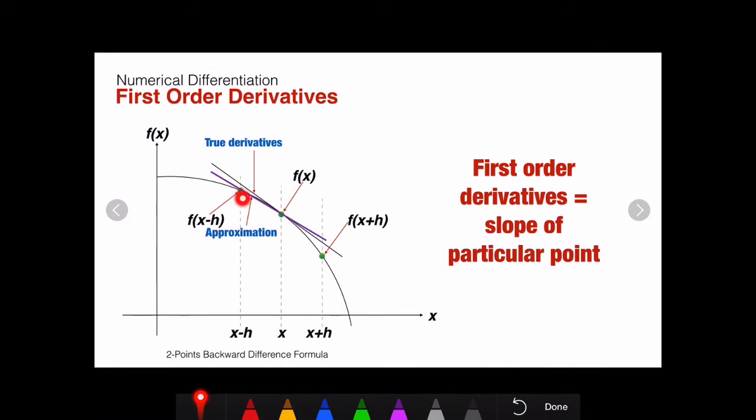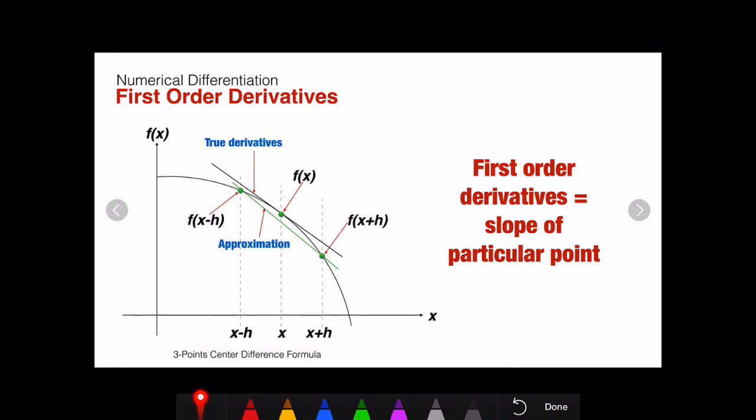We are using this one and this one, x minus h and x here, so it's the backward. We draw the line using these 2 points, and it's still not a very good approximation. It doesn't look parallel to the true derivative, so this is not very good.